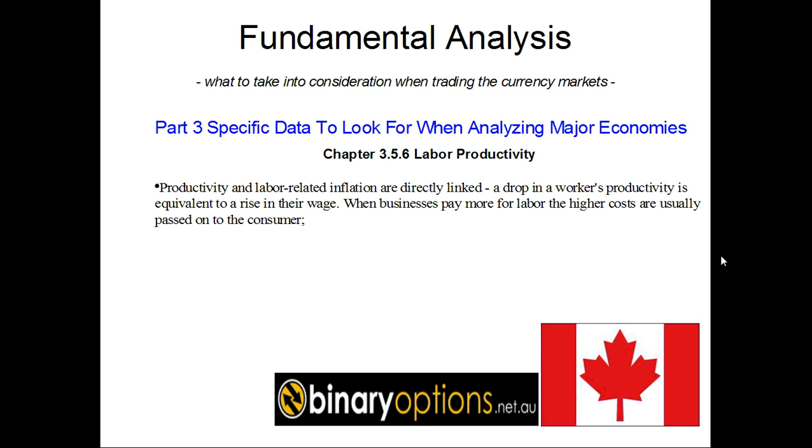If the higher costs are passed on to the consumer, then inflation is starting to pick up. And if inflation is starting to pick up, then central banks all of a sudden are paying attention, because inflation is on the mandate of each and every central bank in the world.